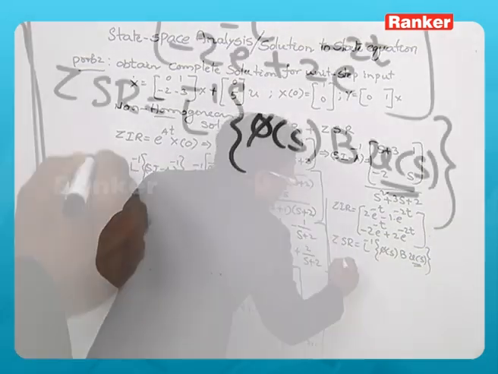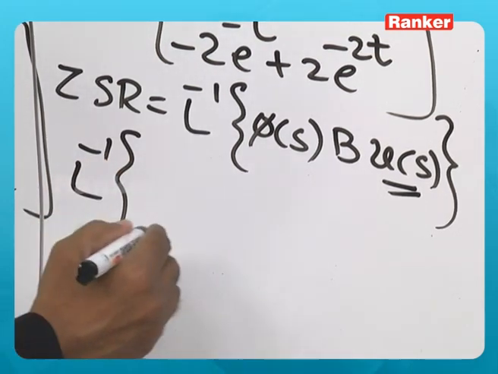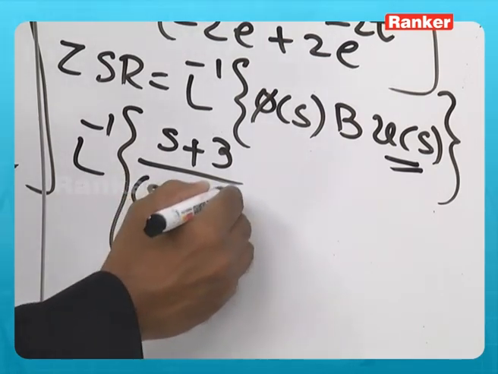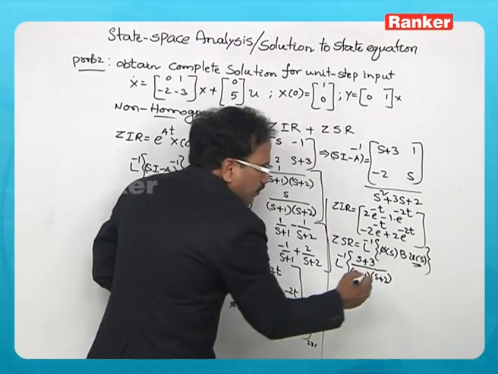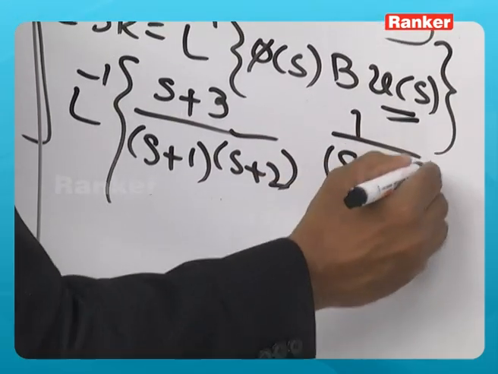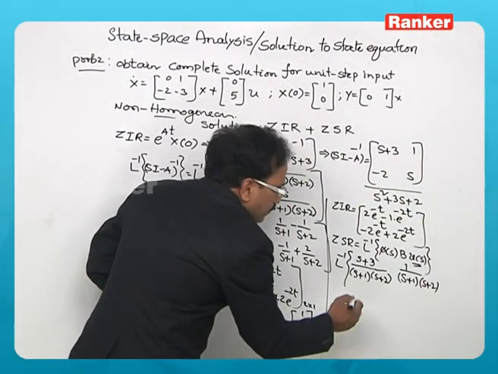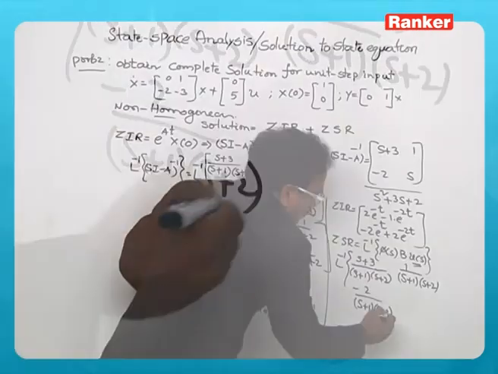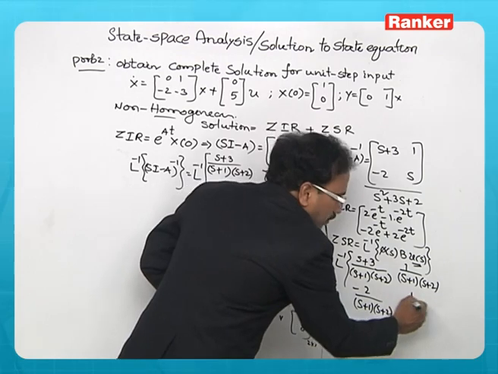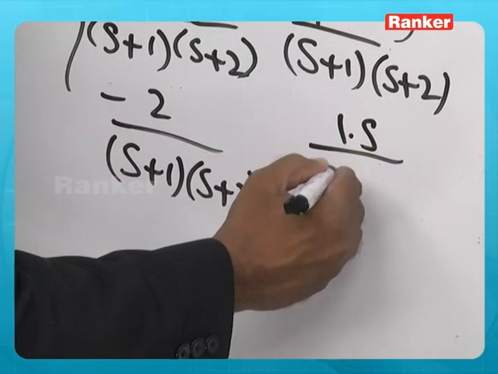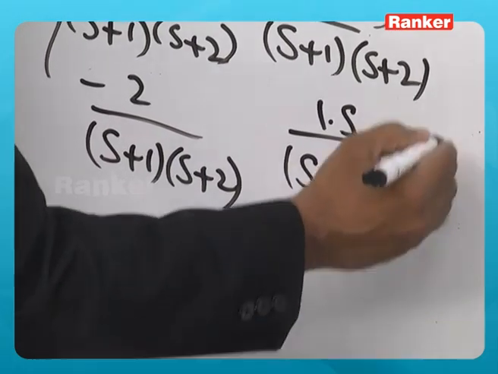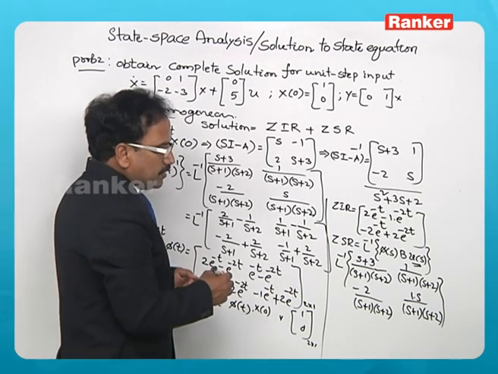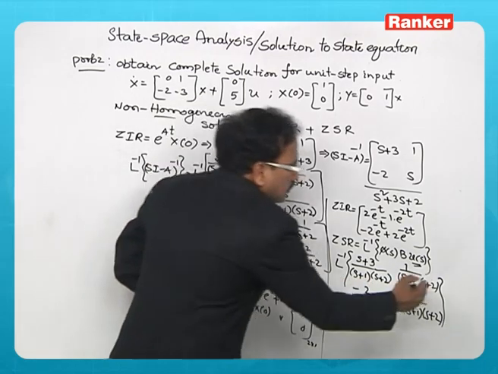So, for this, Laplace inverse of s plus 3 by s plus 1 into s plus 2, 1 by s plus 1 into s plus 2, minus 2 by s plus 1 into s plus 2, then s by s plus 1 into s plus 2. So, this is phi of s.